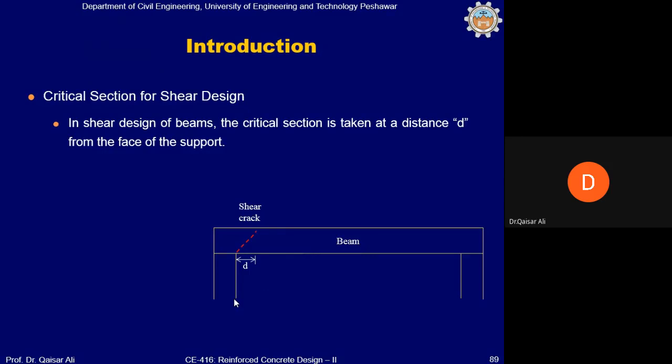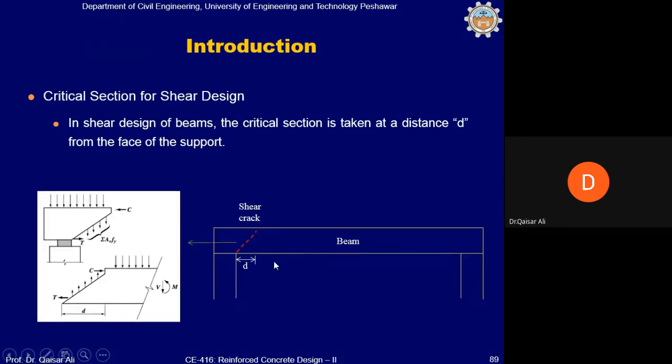And the reason for this is that when the sliding occurs along this crack in this manner, the right part of the beam will slide against the left part of the beam along this crack, which means that the load on the right part of this beam will basically cause this shearing, because the left portion load will be directly transferred to the column, and this will not contribute to the shearing of the beam along this crack.